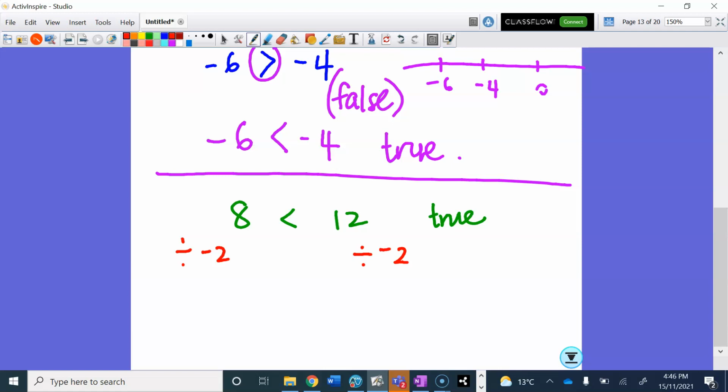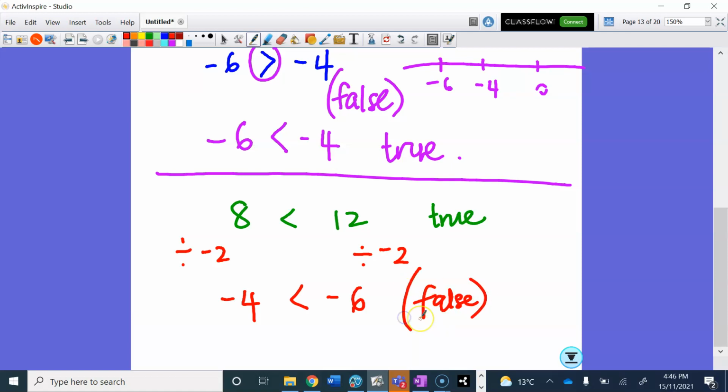And then if I divide both sides, so doing the same thing to both sides of the inequality, we'll see what happens. So 8 divided by negative 2 is going to be negative 4. And 12 divided by negative 2 is going to be negative 6. And we know that negative 4 is not smaller than negative 6. Negative 4 is bigger than negative 6. So it is, again, false.